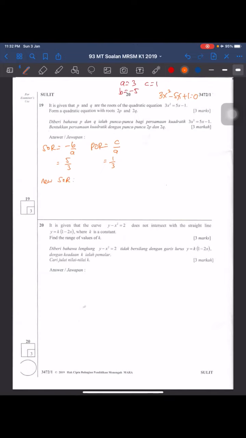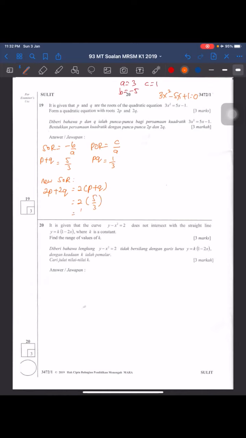Okay, so kita ada 2p plus 2q. Okay, so saya boleh factorize 2(p plus q). So p plus q is 5 over 3.